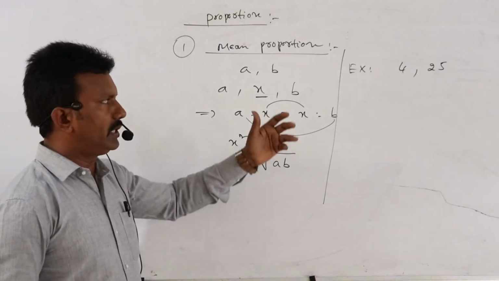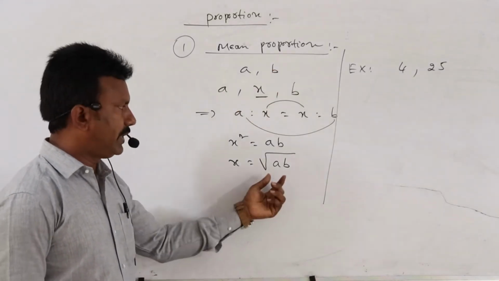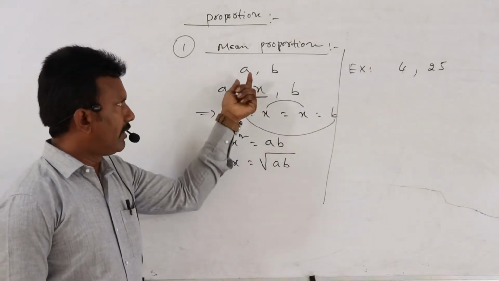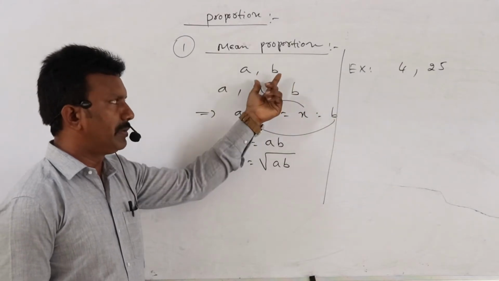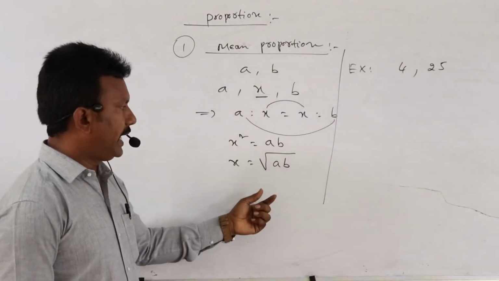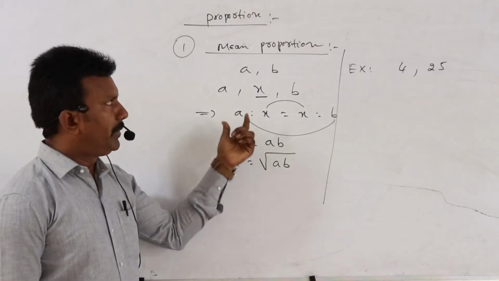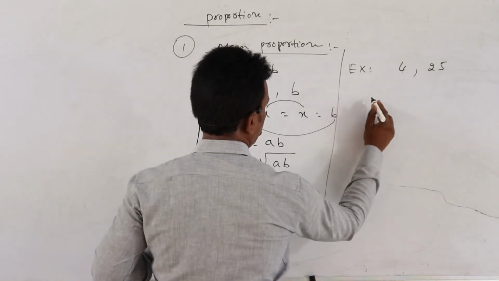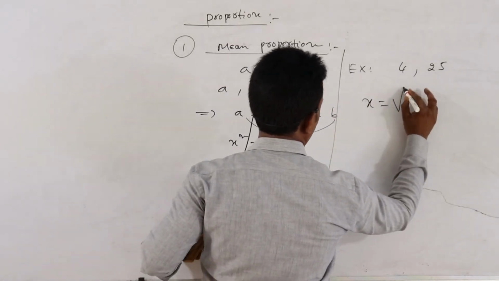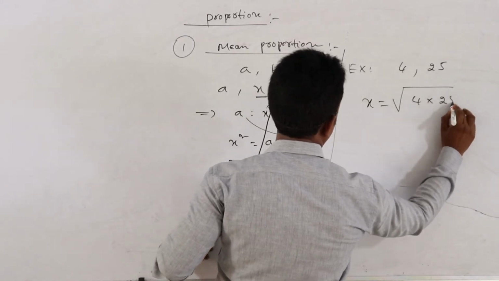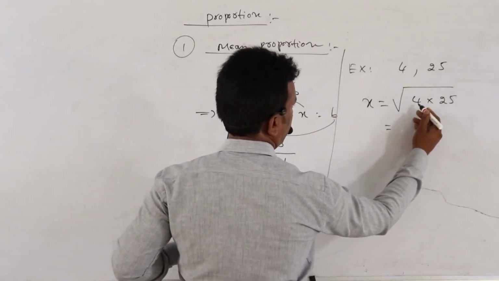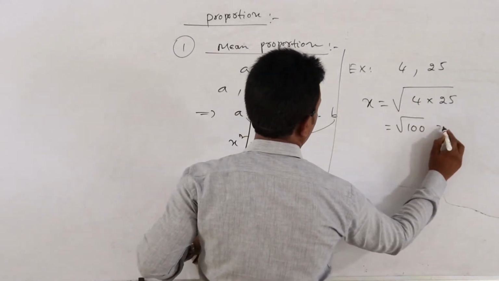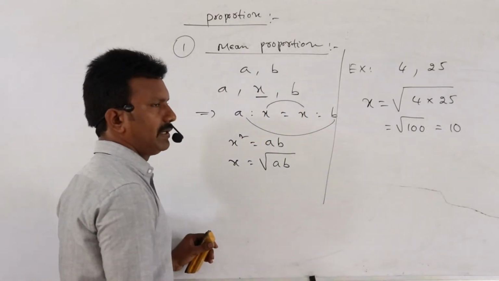We write our numbers as A and B, so 4 is our first number A and 25 is the second number B. Our mean proportion may be X. We write X equals square root of 4 into 25, that is square root of 100, which is equal to 10. So 10 is our answer.